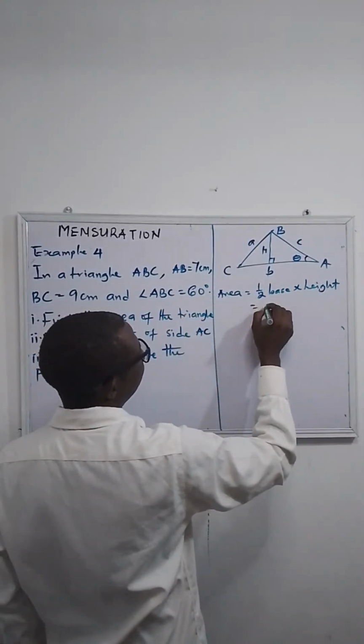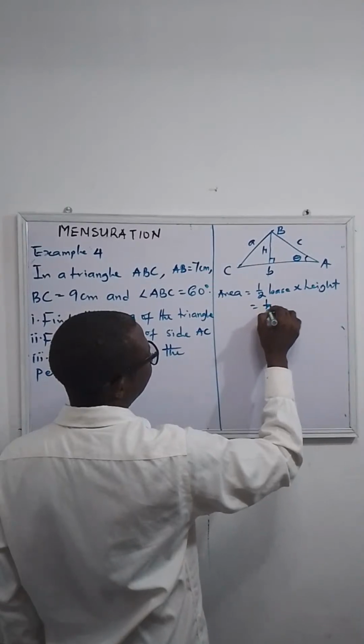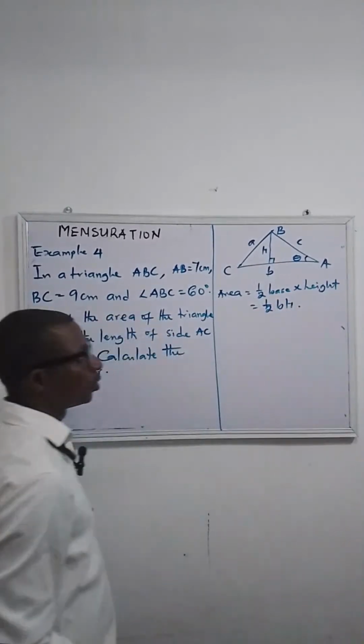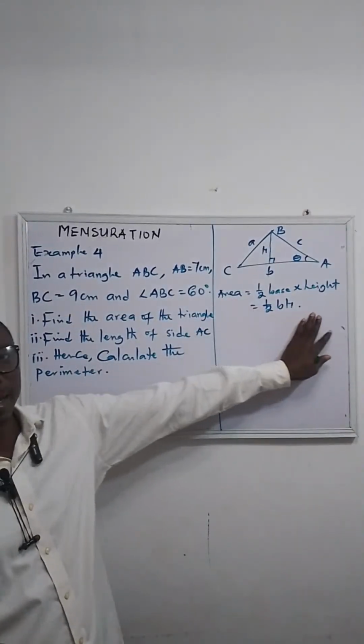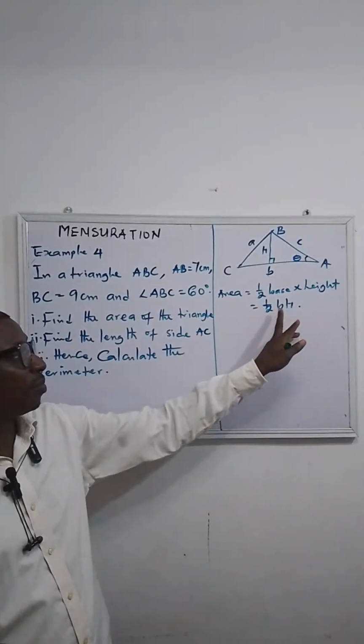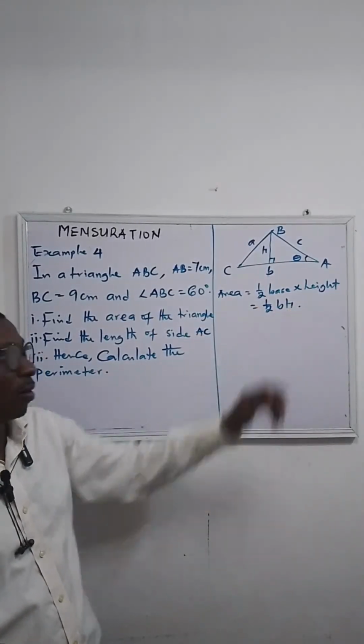So the area is half b times h. This is the formula for finding the area of a triangle: half base times height.